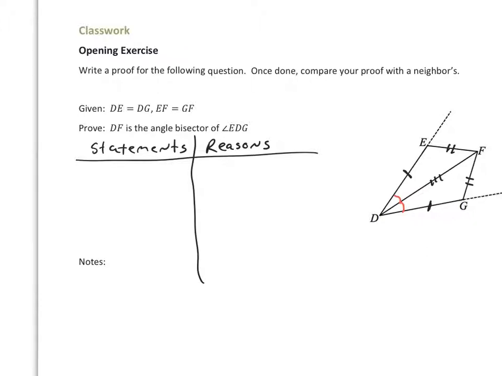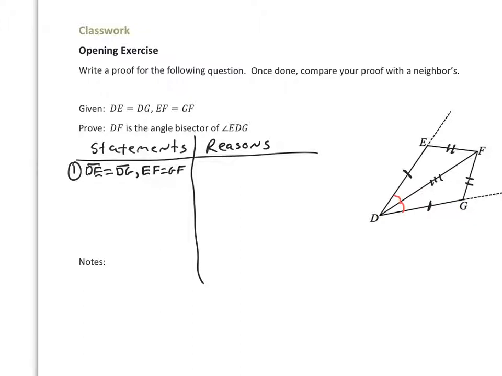I'm going to do triangle DEF is congruent to triangle DGF, and then that'll make all the corresponding parts congruent, and then I can show that DF is an angle bisector. So to start, I'll do my given. I have DE is equal to DG, and I have EF is equal to GF.